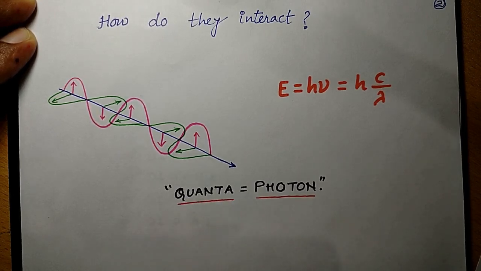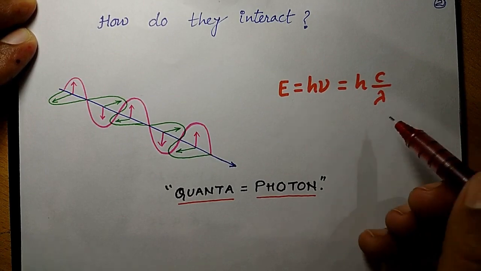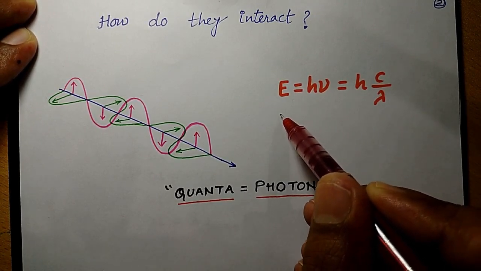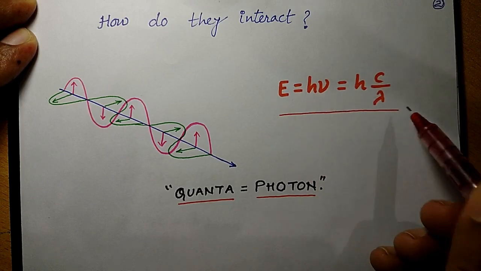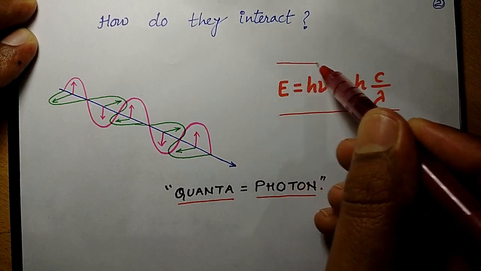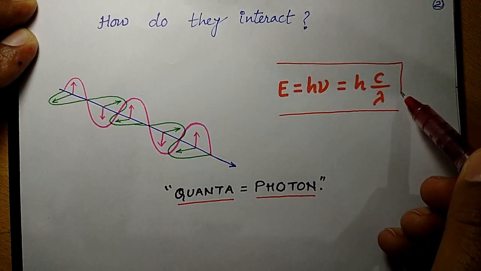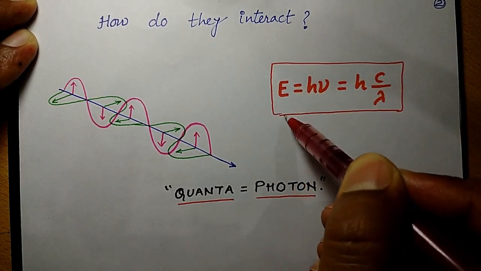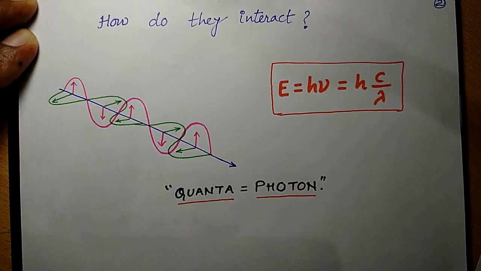Energy of electromagnetic radiation is defined by equation E = hν, which is further equal to hc/λ, where h is Planck's constant, ν is frequency of the radiation, c is speed of light in vacuum, and λ is the wavelength of radiation.